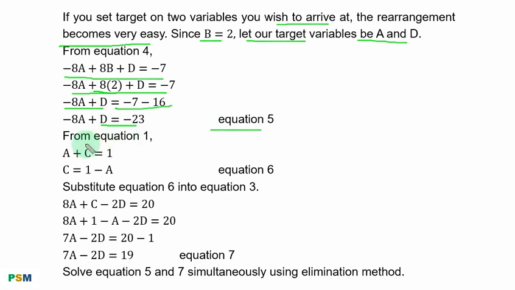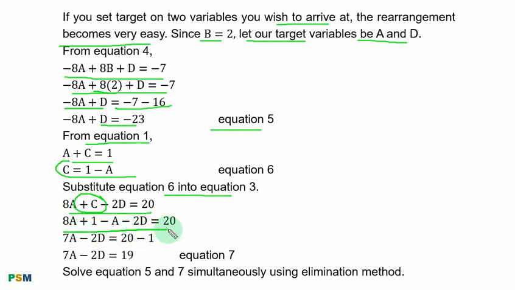Let's consider equation 1, a plus c equal to 1. Let's make c the subject and we have equation 6. To continue, you have to replace equation 6 in equation 3. We are replacing c with 1 minus a.